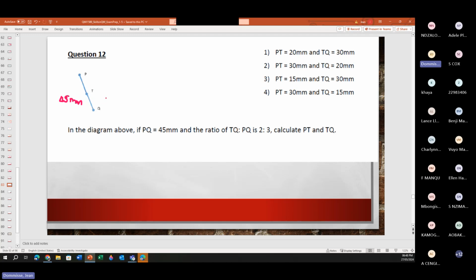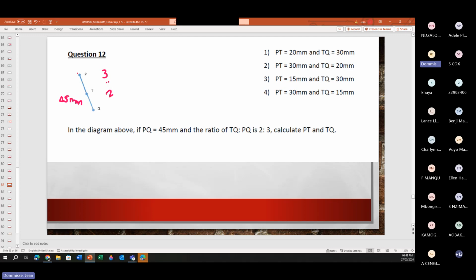Okay, that's interesting. So TQ to PQ is 2 to 3. I'm just writing it a bit like that so that we can check it out.